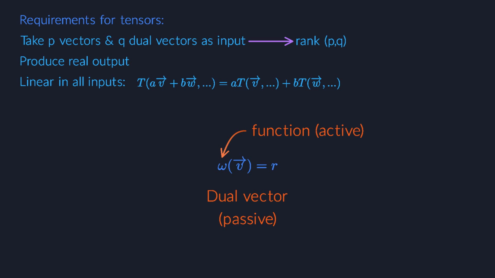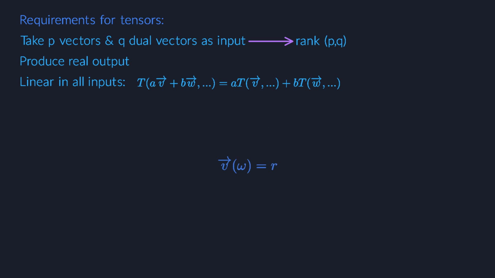Well, the thing is that in tensor algebra, this distinction between active and passive, between transformations and objects, between functions and data, becomes fluid. Instead of a distinction, we will come to think of it as just two different perspectives on the same thing. We can practice this new perspective on the second kind of elementary piece.